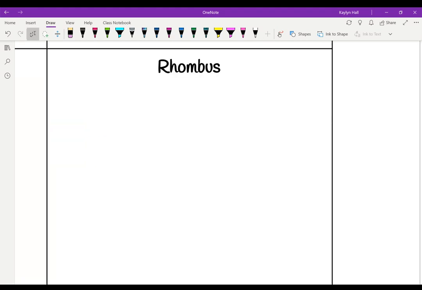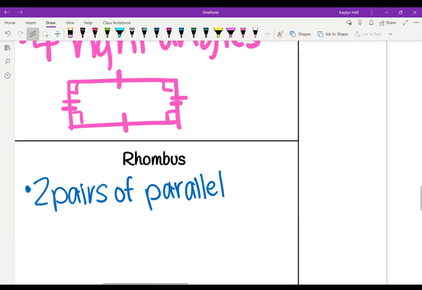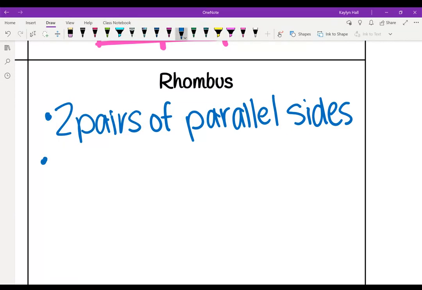A rhombus. This might be a new shape for you. I'm not really sure. And I can't really ask you, or I would. A rhombus has 2 pairs of parallel sides, and 4 equal sides.